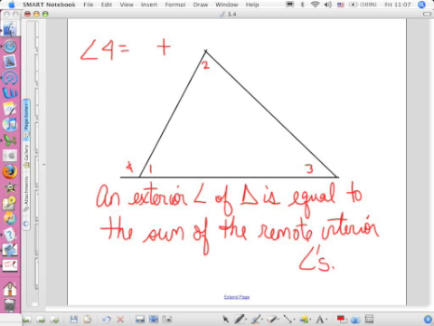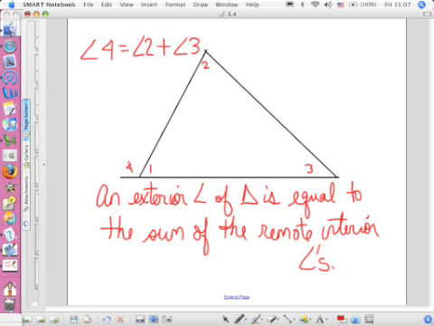And remote means they're not touching the exterior angle. If you're lost on a remote island, that means you're far away from everything, right? So the two remote angles here would be angle 2 and angle 3. An exterior angle is equal to the sum of the remote interior angles. It's not touching.